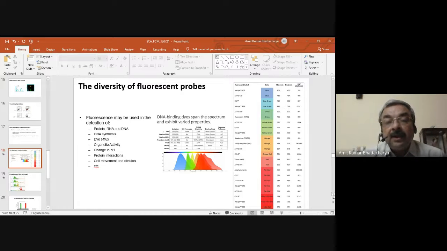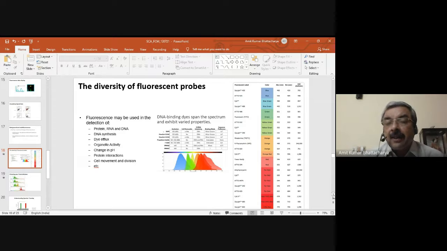Now, in flow cytometry, you are detecting different things in a cell by using different fluorescent dyes. There is a wide diversity of fluorescent dyes.